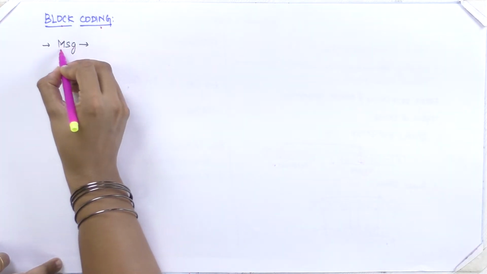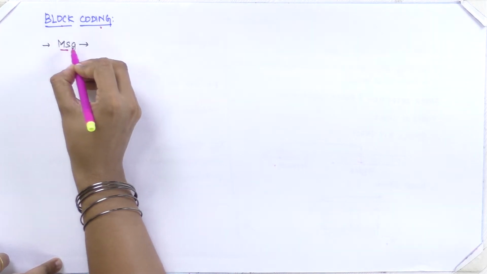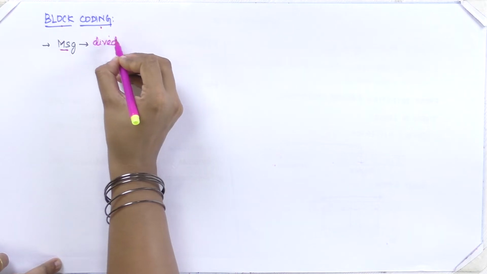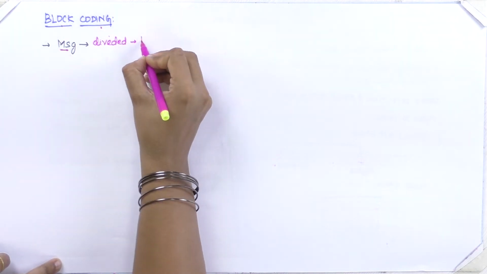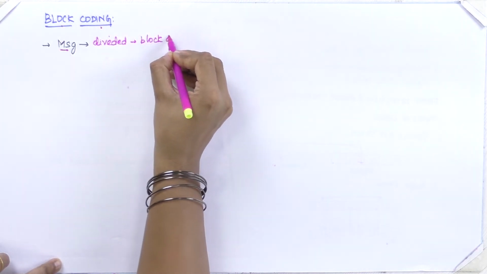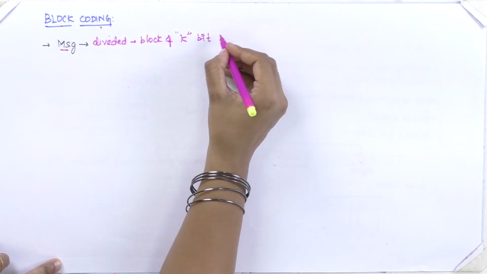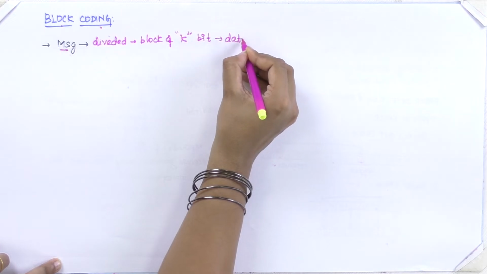First you have the original message bits. Later it is divided into blocks of k bits, which are termed data words.